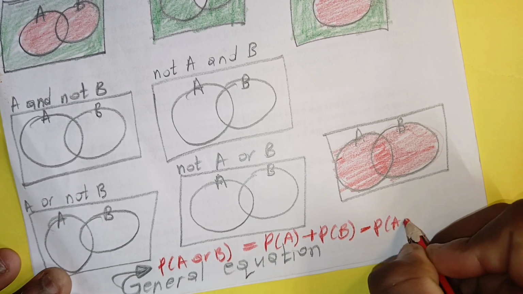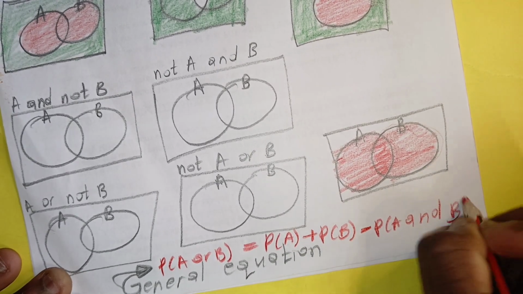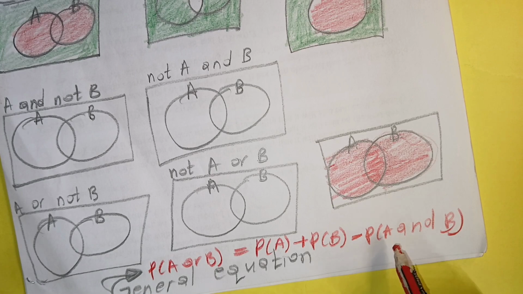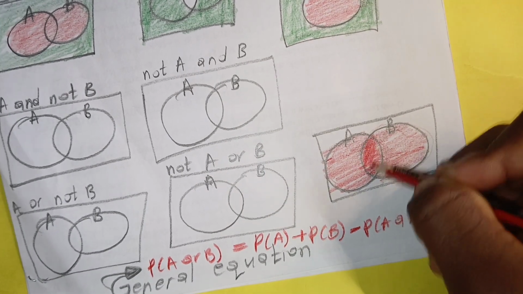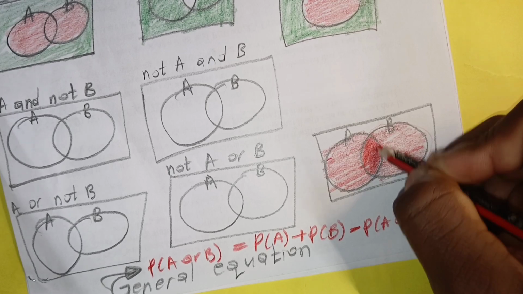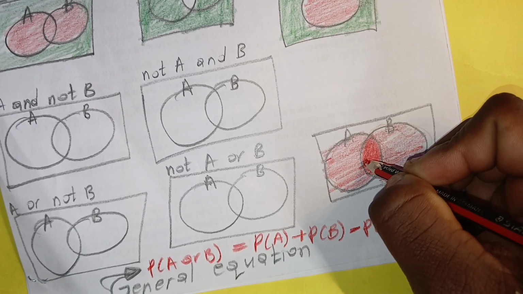P, A and B. The reason why we minus that intersection, because we don't want to count it twice, this place. We do not want to count it twice.